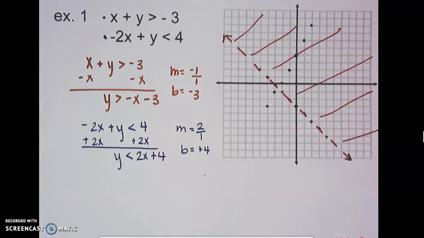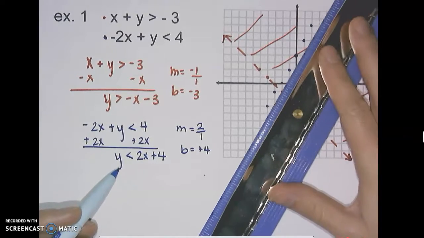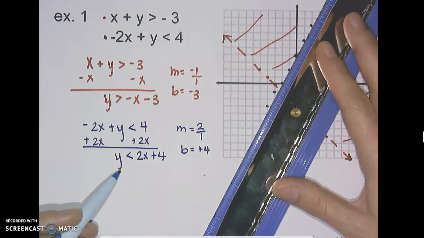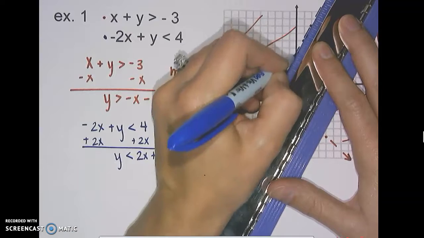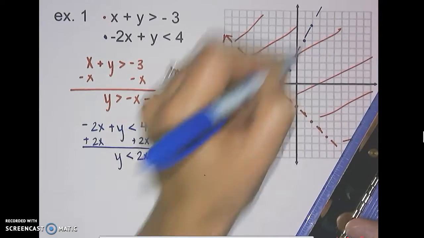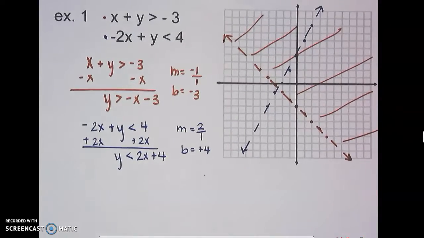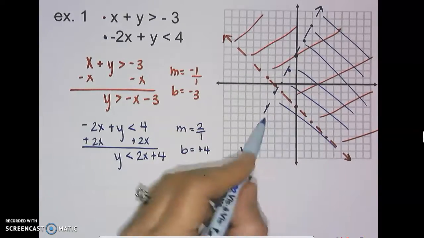And once we have this, we're going to go ahead and connect the dots again. This one, since it's just y is less than, we're going to once again have just a dashed line in here. And then since it is y is less than, we're going to shade below the line.